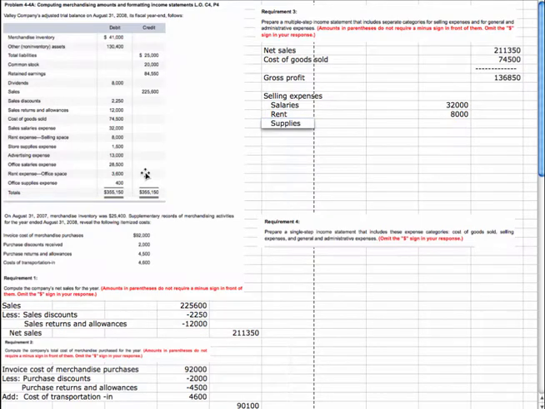Supplies, and that was $1,500. Advertising, and that came out to $13,000. Okay, if I take all those together, I get $54,500 as my total selling expense.